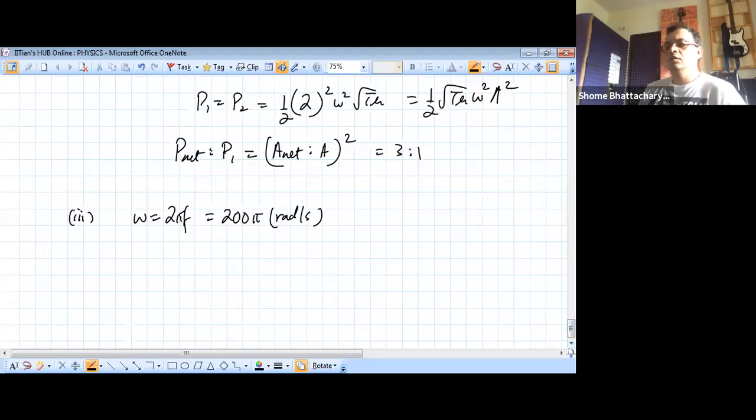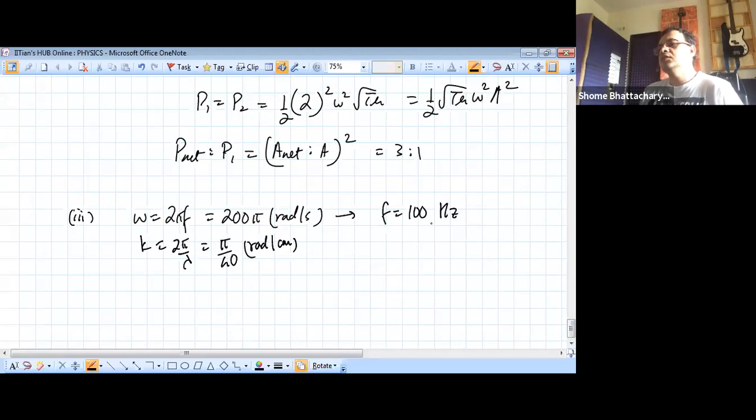And so this is telling you the frequency of these waves is 100 hertz. This is telling you that the wavelength is 80 centimeters. You'll also know that the wave speed, which is square root T by mu, is also equal to f lambda.